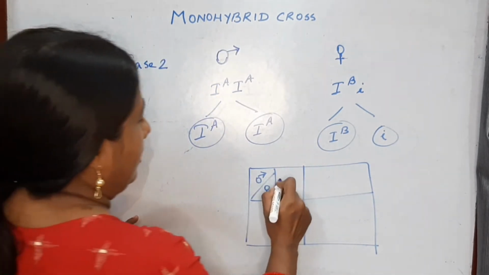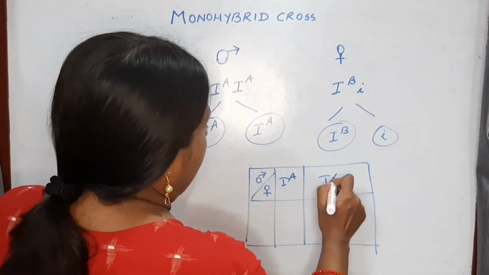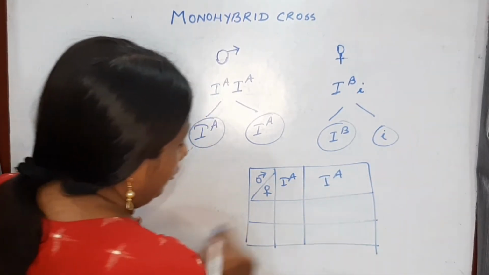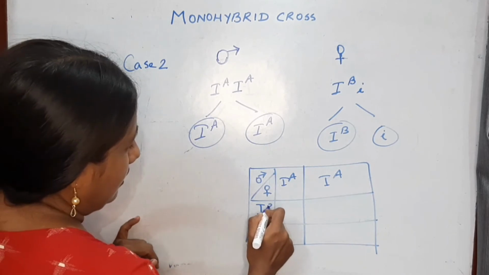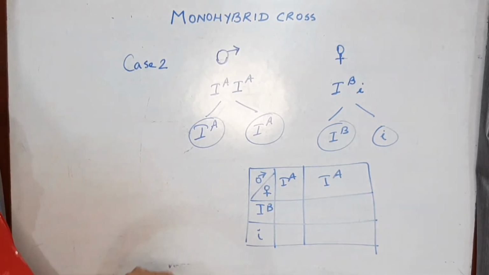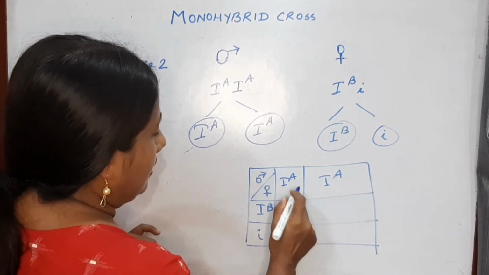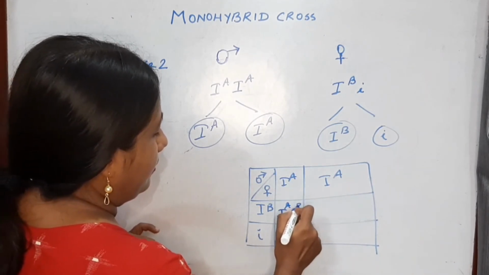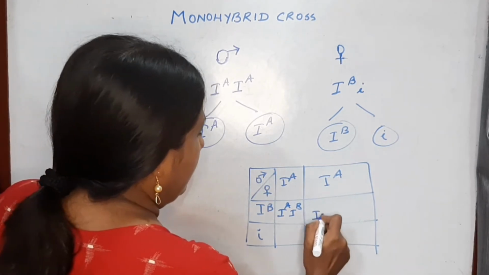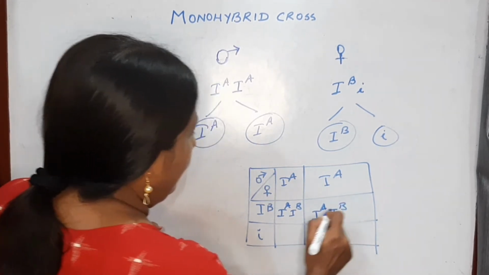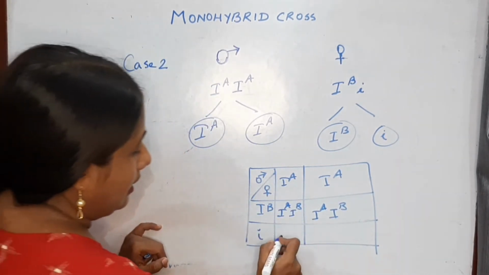So what are the gametes? The man is homozygous, the female is heterozygous. So you tell me what will be the cross? IAIB, right? IAIB. What will be here? IAIB again. What will be here?